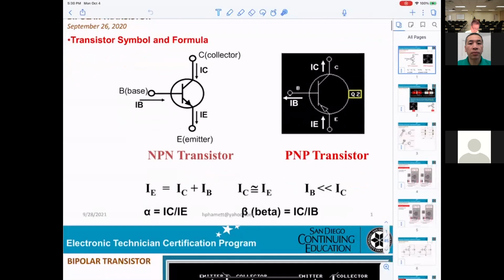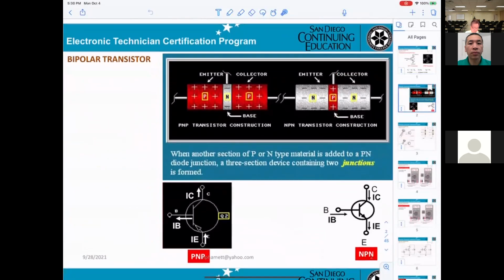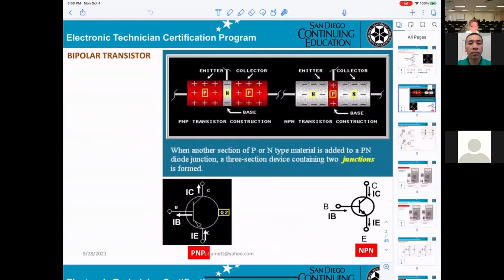Okay, for this part here, any question? Okay, so it is easy, we go next. That just gives you the physical structure of the transistor. Basically we don't care much about it, however, I will try to explain. This is the P side of the silicon transistor, and this is the N side in the middle.